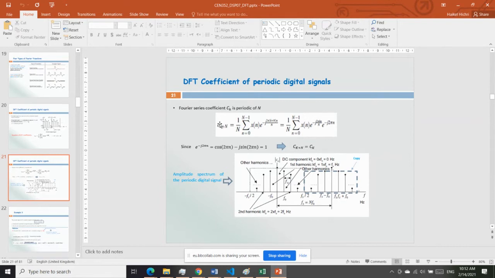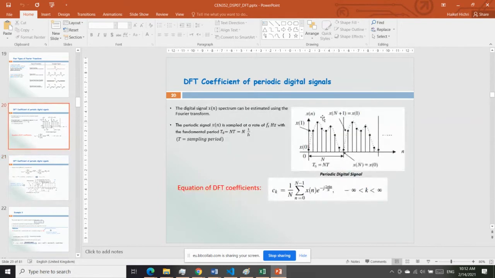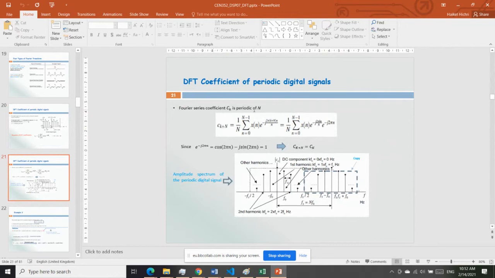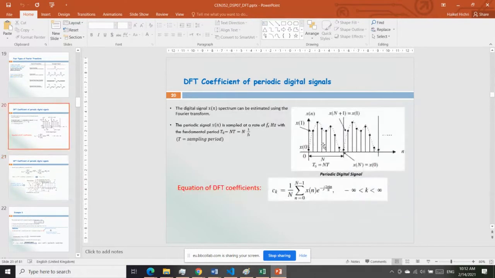Since this is sampled, the discrete Fourier transform is also periodic. So when we compute these frequency coefficients, they repeat, they are periodic. And this is a result of the fact that we did sampling.